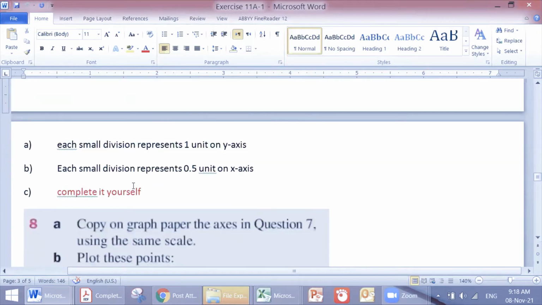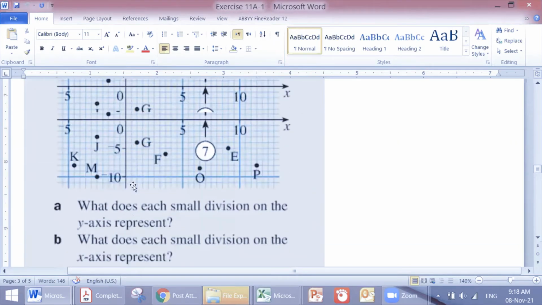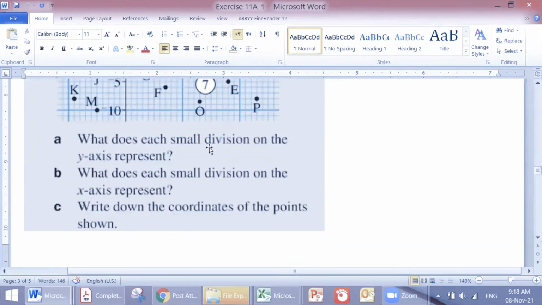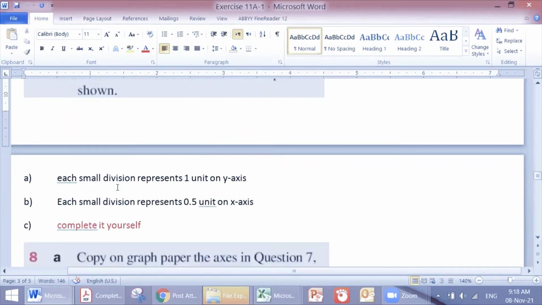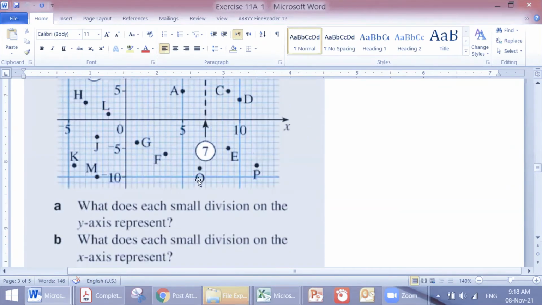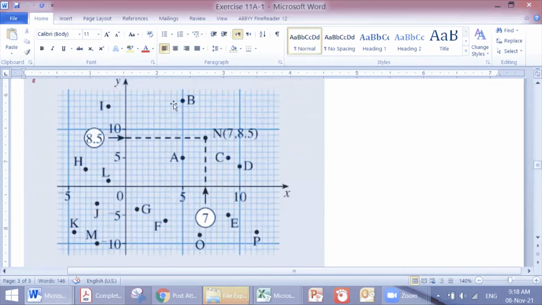Now the next question is that you have to find the small division on the y-axis and the small division on the x-axis. So what does the small division on the y-axis represent? Again, you will find it using decimals.